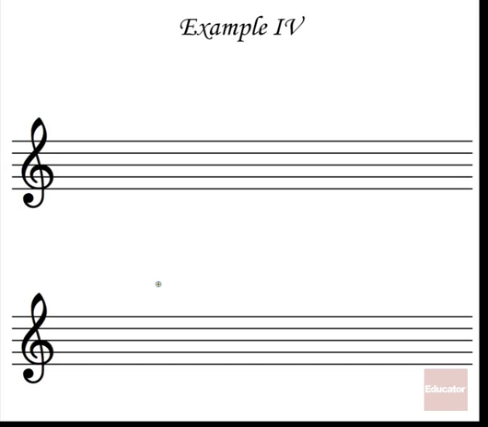Okay, for the last example, let's make another 6/4 chord, and let's say we're asked to do a diminished 6/4 on, let's take the same bass note, G. Now we need to make sure that we're building a diminished chord. Let's do it first by interval.